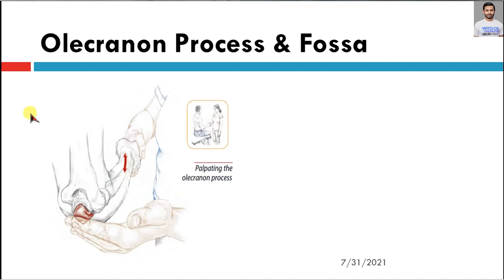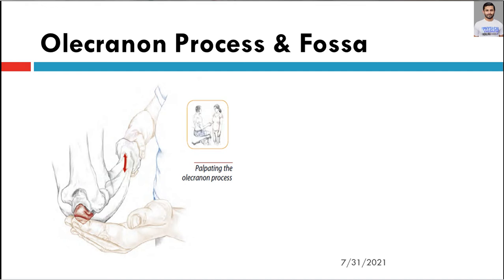So this is very easy to palpate, the olecranon process and the olecranon fossa. Sometimes the fossa becomes difficult because if the triceps muscle's tendon is tight enough, it becomes hard to press into the olecranon fossa. But with some effort, you can clearly feel the difference between the fossa and the bone.